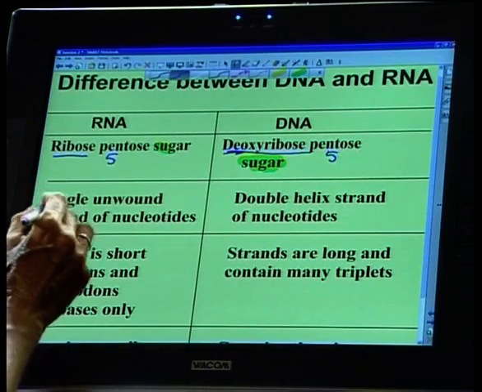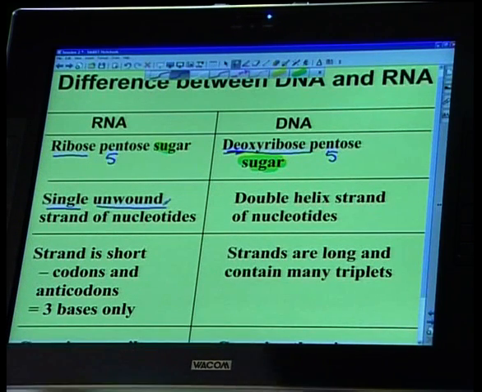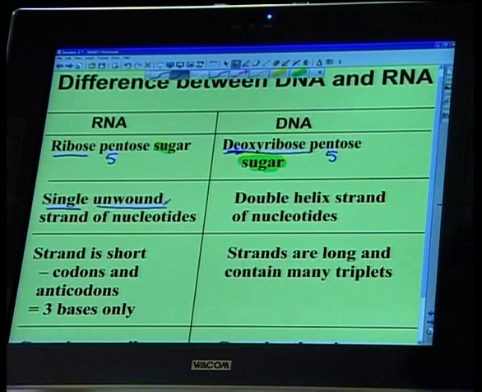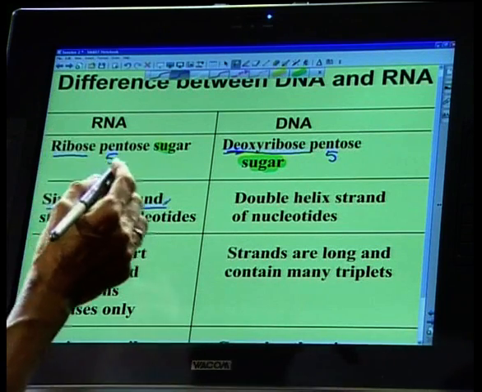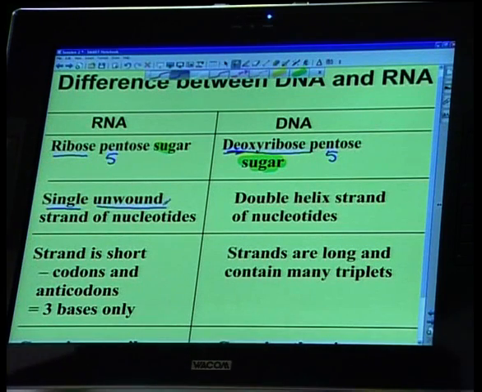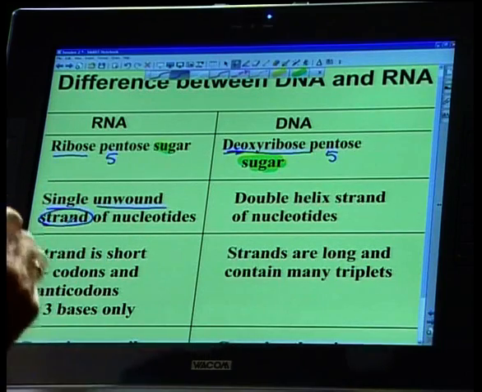Next one: a single unwound strand of nucleotides. So we're going to have phosphate, pentose sugar, phosphate, pentose sugar, and we're going to have our nitrogenous bases coming off it. That's RNA. Except in RNA, we have uracil, not thymine. Alrighty, so it's a single unwound strand. So here we're talking about the strand.